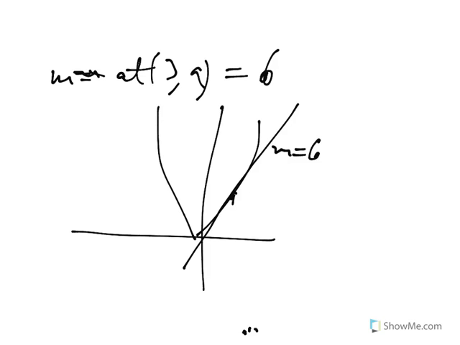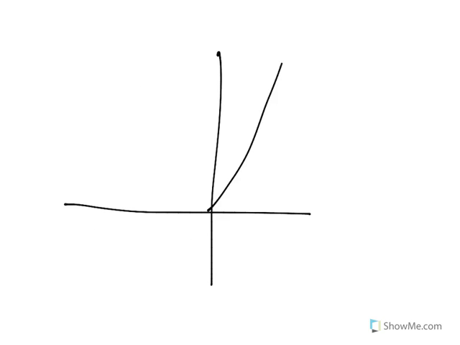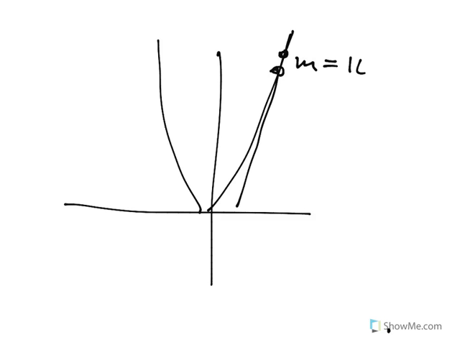What about other points? Well, if you do the same process, but you use the point 5, 25, where you pick a point really, really close to 5, 25, you'll find that the slope is going to get really, really close to 10. So when x equals 3, the slope was close to 6.